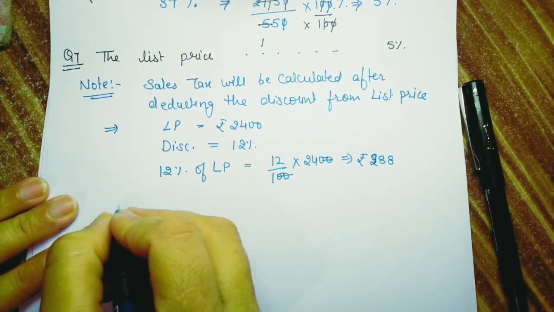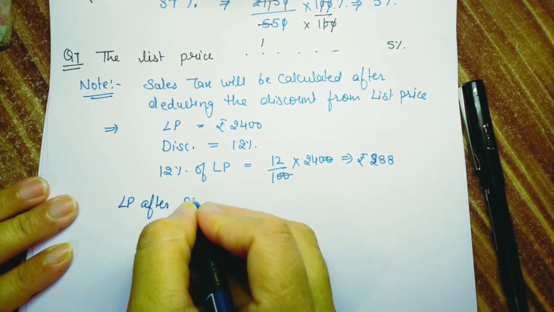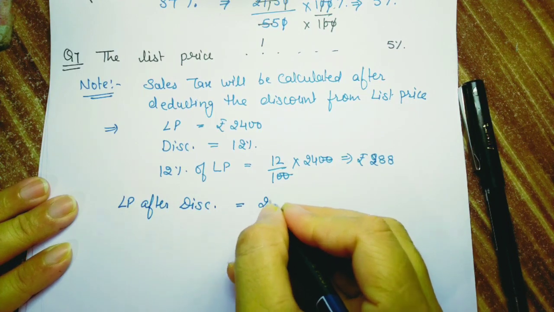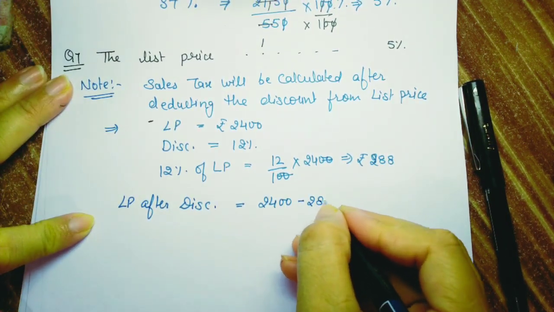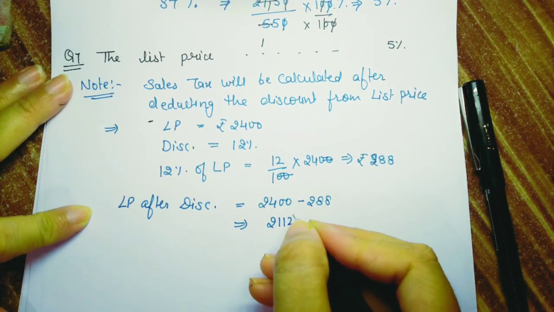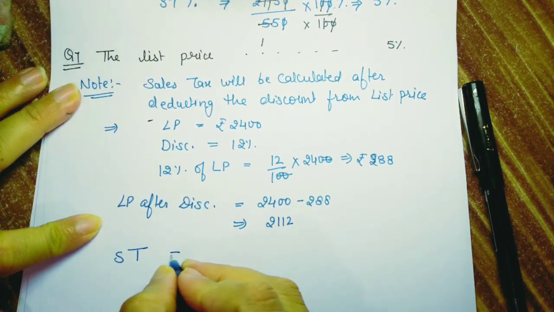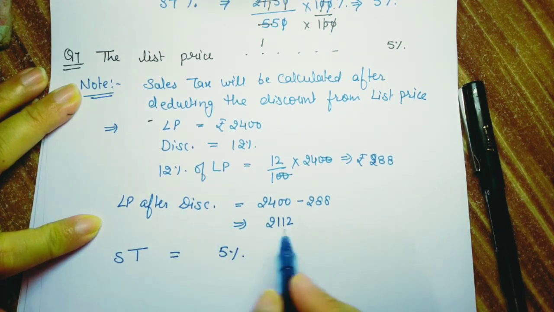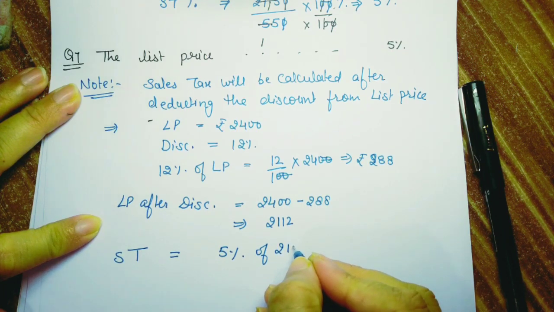Okay, and then first of all, we have to find out the list price after discount. So the list price is 2400 minus 288. When we subtract here, we get the amount 2112. Then, students, they have given sale tax, that is 5% of the list price after discount, that is 2112.